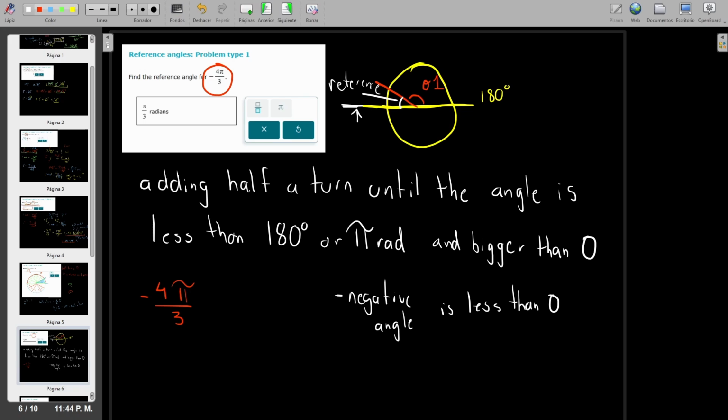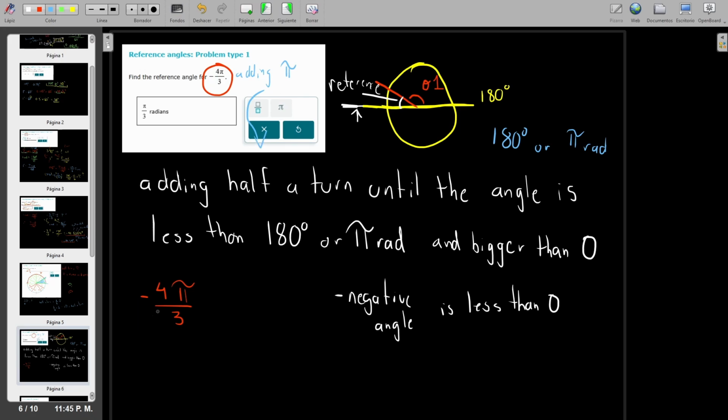We're going to be adding half a turn. Half a turn is how much? We're going to be adding 180 degrees or pi radians, depending on what they are giving us. In this case, they are giving pi, so we're going to be adding pi until we meet that condition.